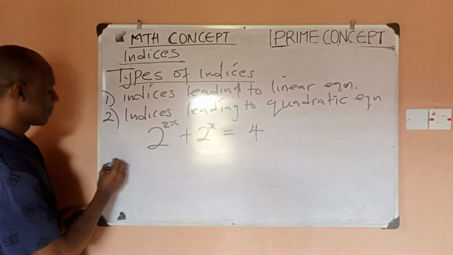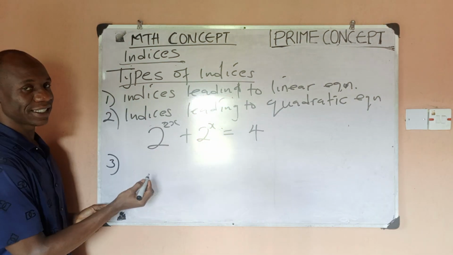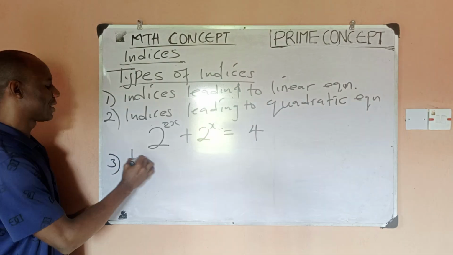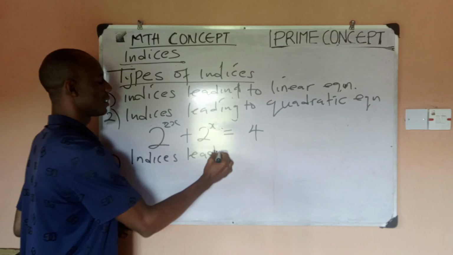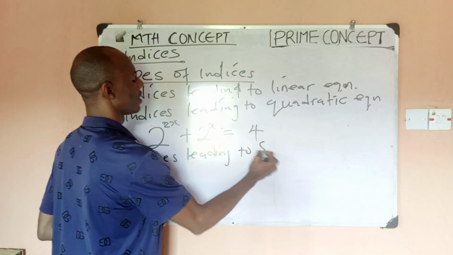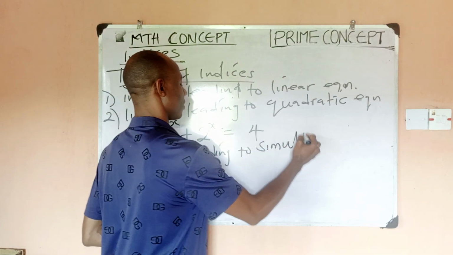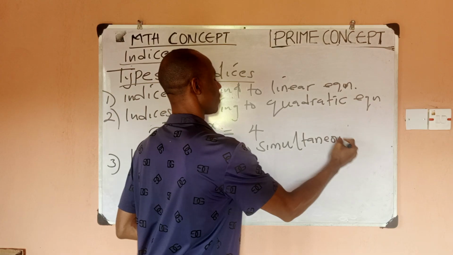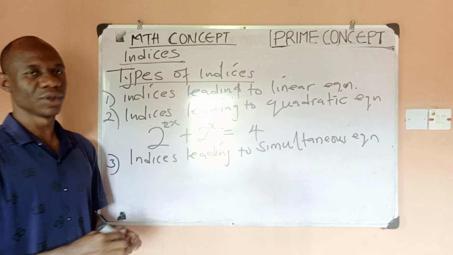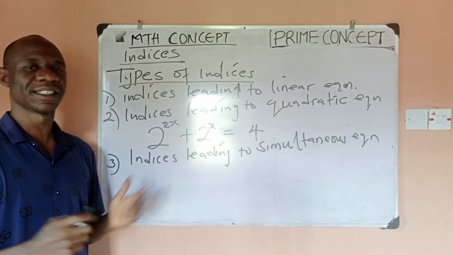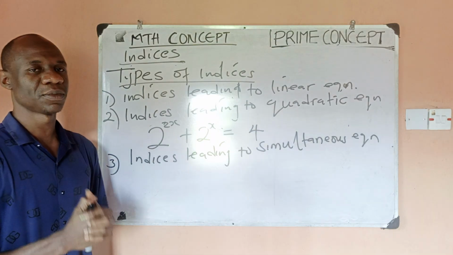Then number 3, which is very easy to identify, is indices leading to simultaneous equation. How do you know that a problem is a simultaneous equation problem?